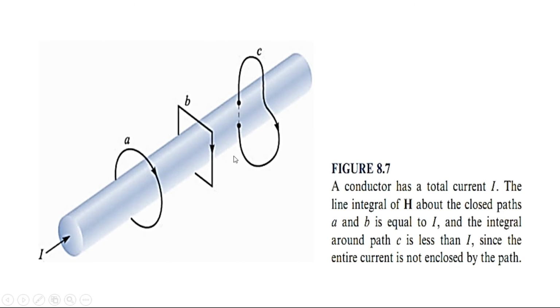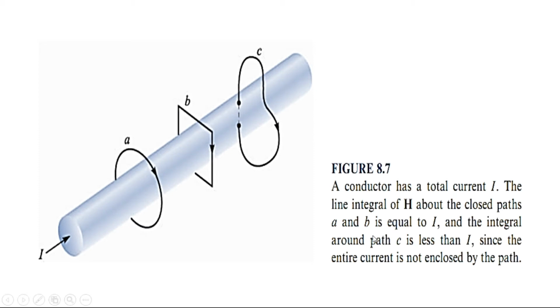It means that if we take this small portion and that small portion, their contributions will be different, but if we add all these small portions, the result will be the same.